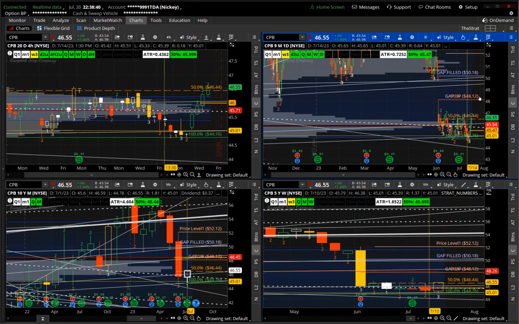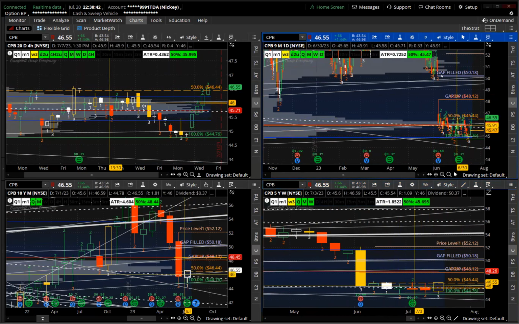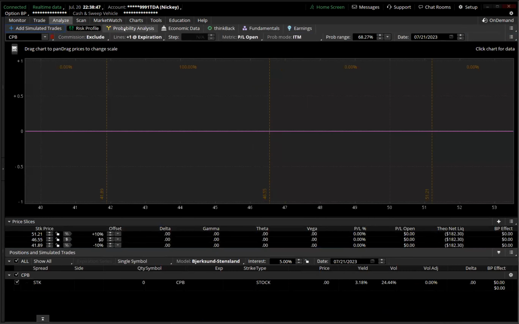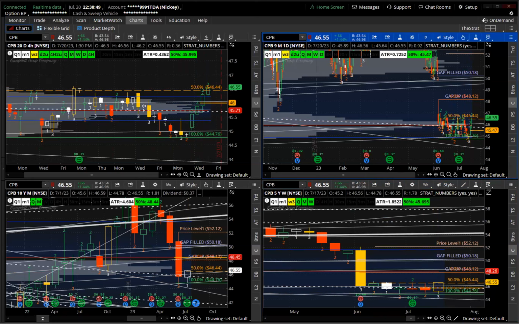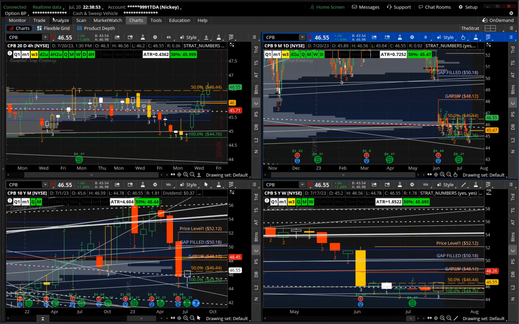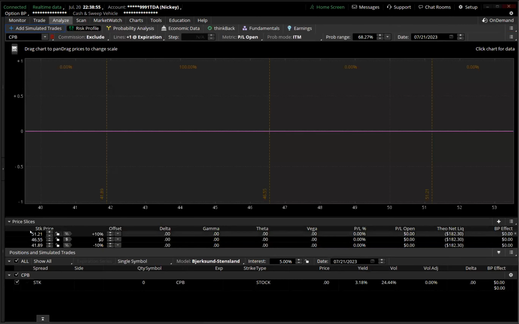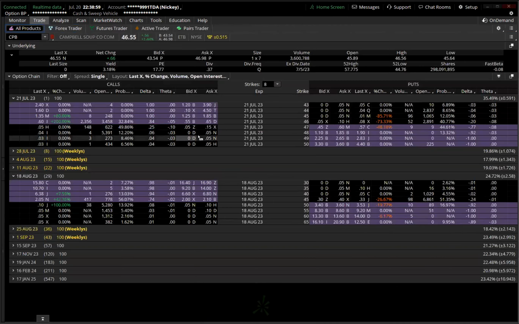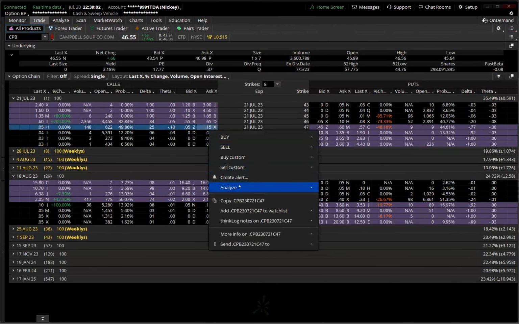And I looked at the $47 contract. What was your target to play this one, dude? I know you mentioned August, however. Yeah, so for tomorrow, I'm looking at 48.12. See if we can get to the top of that wick.